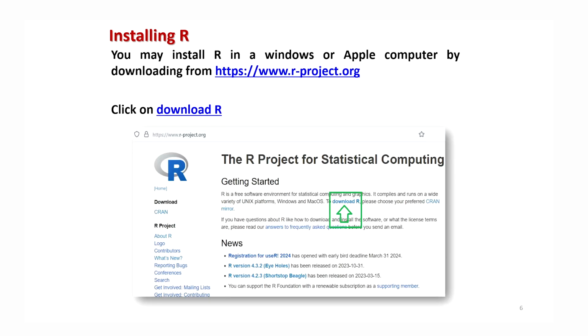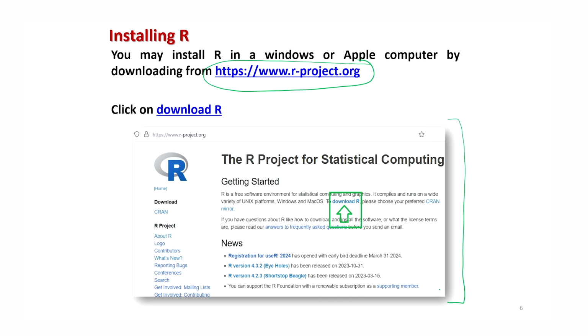Now, once you are convinced that yes, I want to use it, the next question comes: how are you going to obtain the software? This software is freely available at this website, www.r-project.org. And if you try to open this website on your computer, it will look like this.